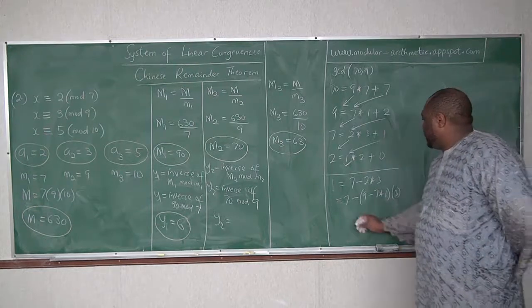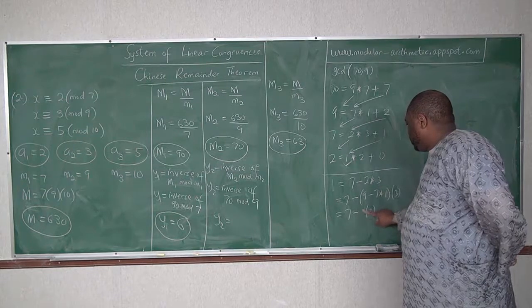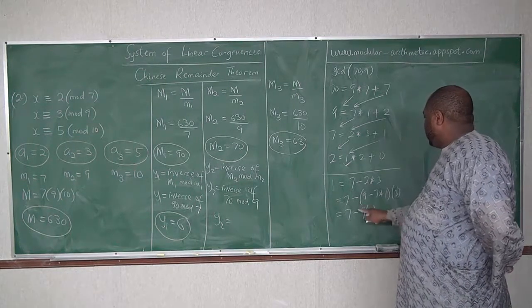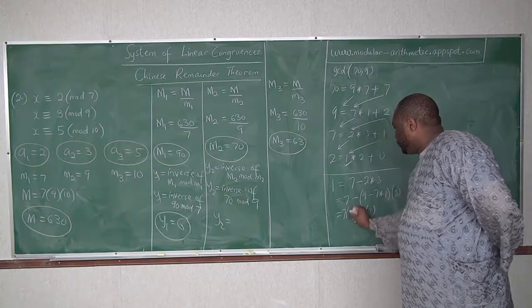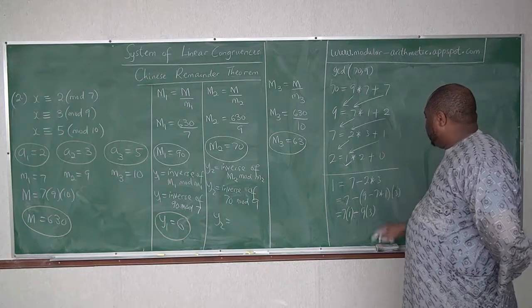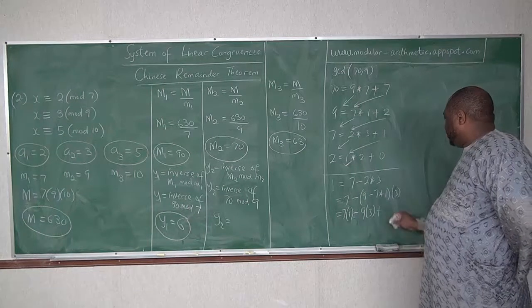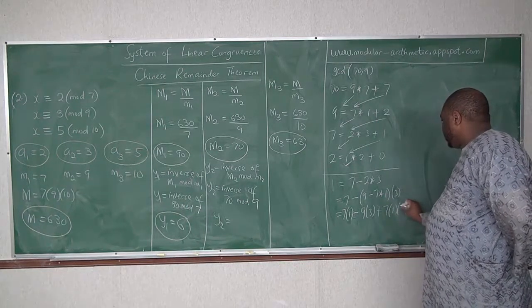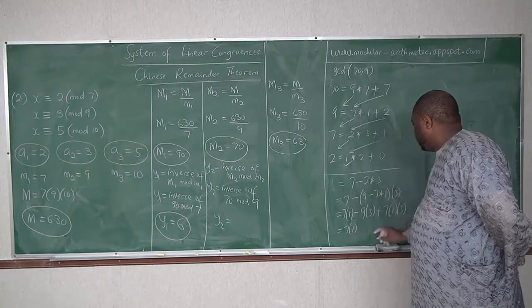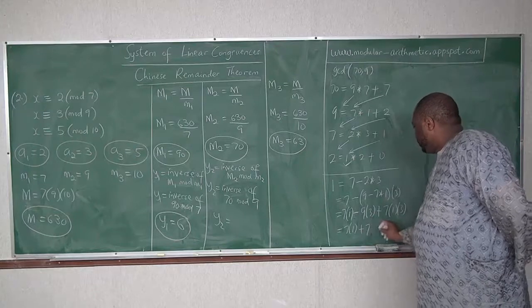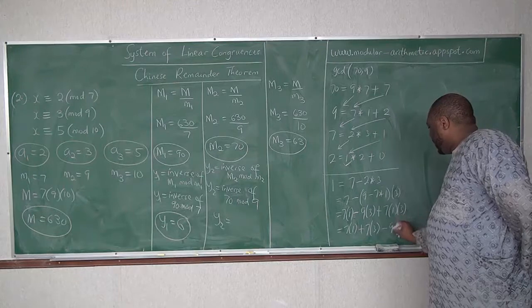So this is 7 times 1 plus 7 times 3, minus 9 times 3.